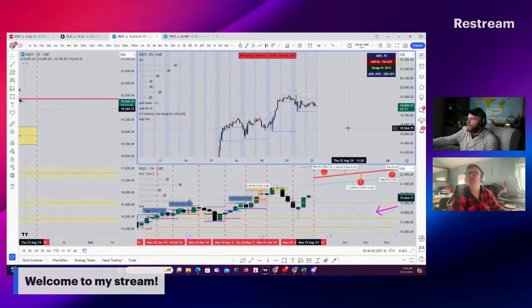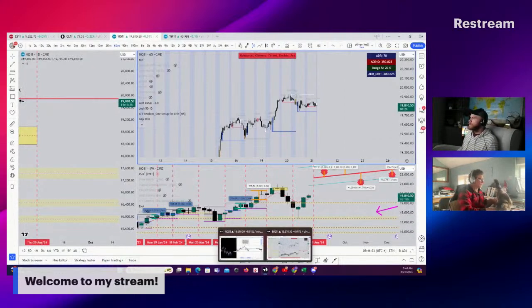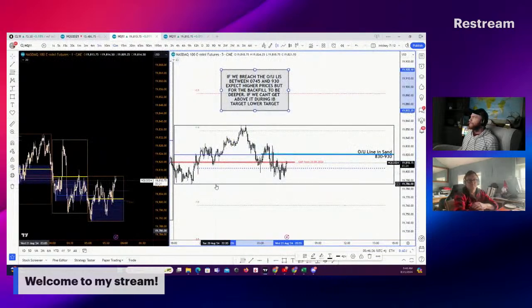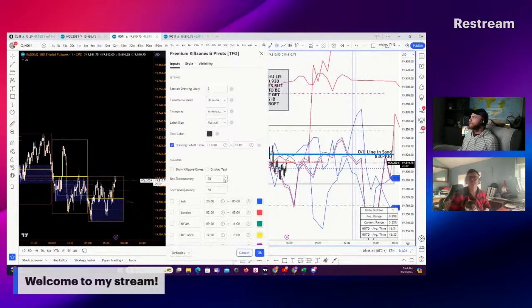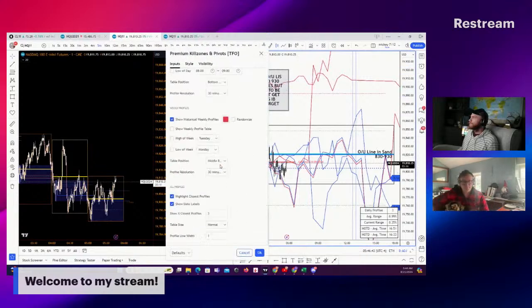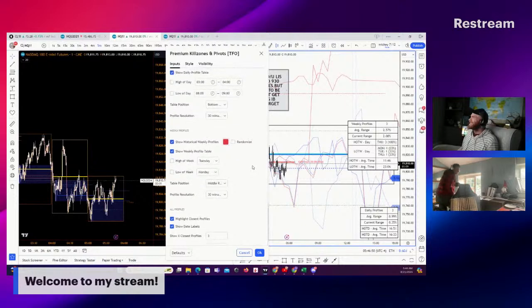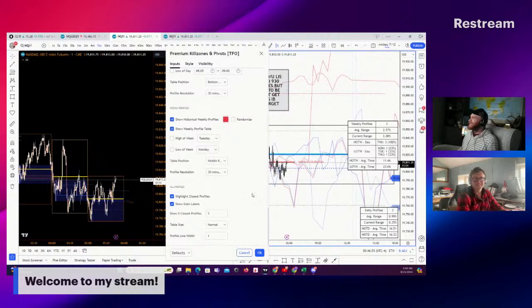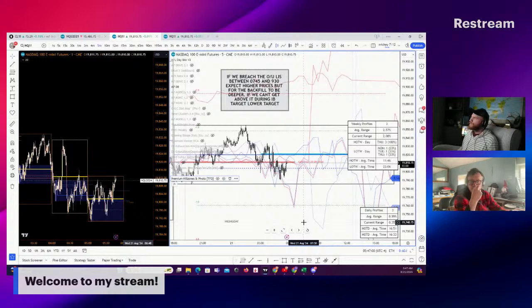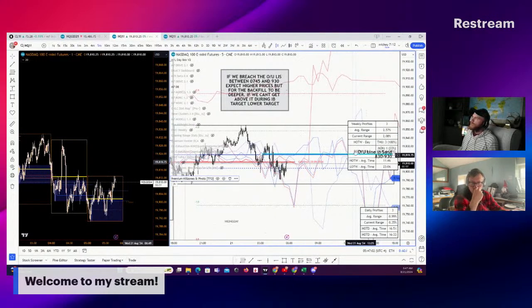Just in my notes, we know that we have. Let's go to this chart real quick. It's going to cut this one out. Come on. He's very demanding. Yeah, it's okay. So if we look right here, we can see that.